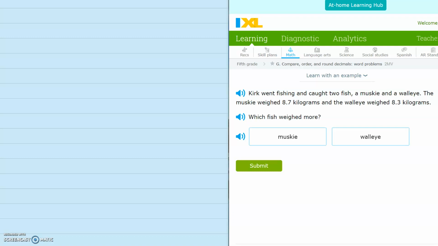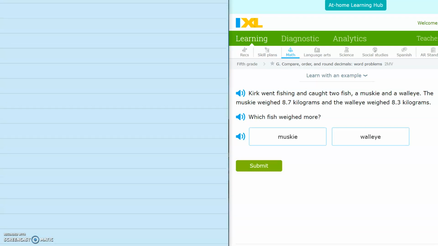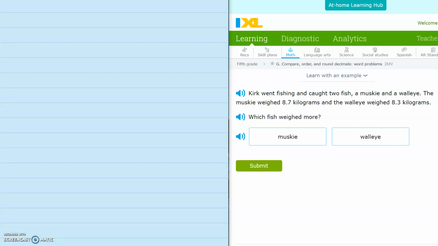So the muskie weighed 8 7/10 kilograms. So we're going to write down 8 7/10. All right, and that was the muskie. Then we need to add the rest.